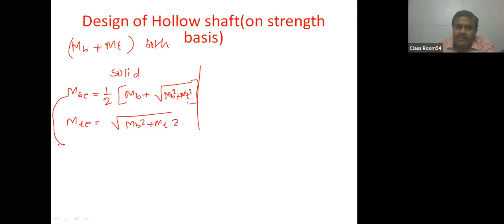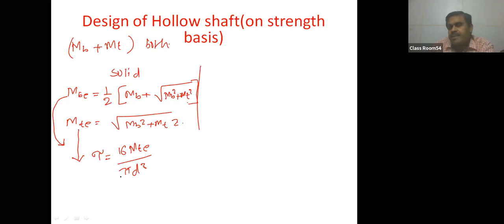Equivalent bending moment is used as per the principal stress theory, and MTE is used as per the maximum shear stress theory. Because shafts are generally made of ductile material, we use the maximum shear stress theory in most industrial applications. The permissible stress in this case is given by 16 times MTE divided by pi d cube. So this is the case of the solid shaft.